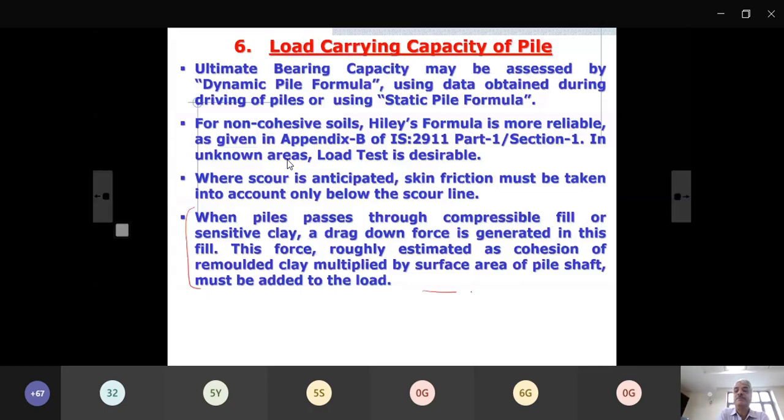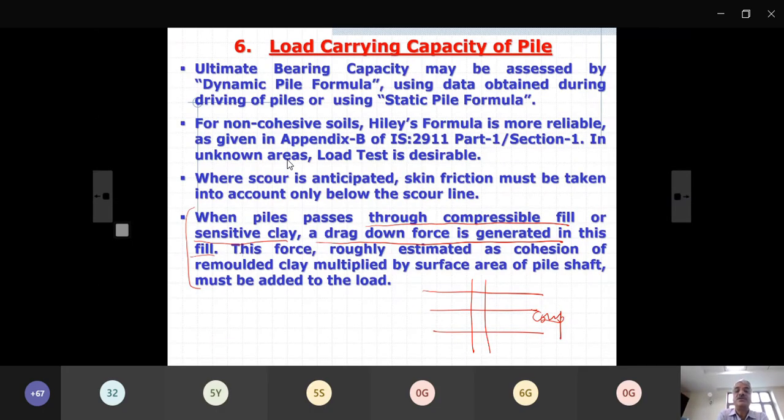So yeah, this is another important thing. Let us say this is your ground, and in between there is a layer of compressible fill, and your pile is passing through this layer. This is a compressible fill material. So when a pile passes through compressible fill or sensitive clay, a drag down force is generated in this fill. This force, roughly estimated as the cohesion of remolded clay multiplied by the surface area of the pile shaft, must be added to the load.